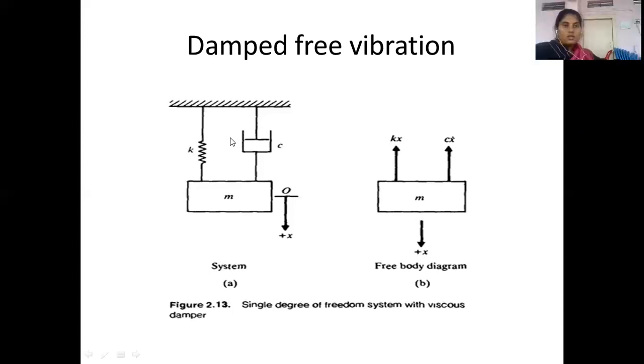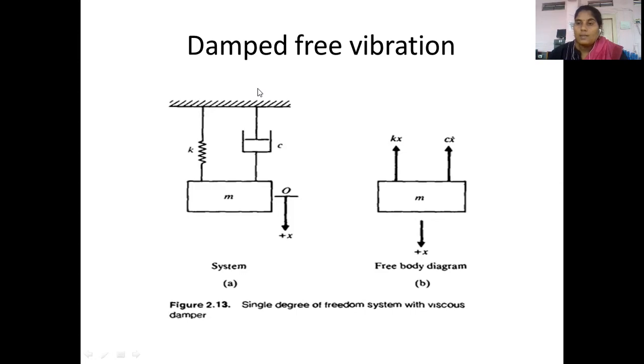In the undamped free vibration system, that damper coefficient, the C terminology, became 0. So in equation number 1, the damper was 0. That's why the Cx dot, the damping force, became 0.